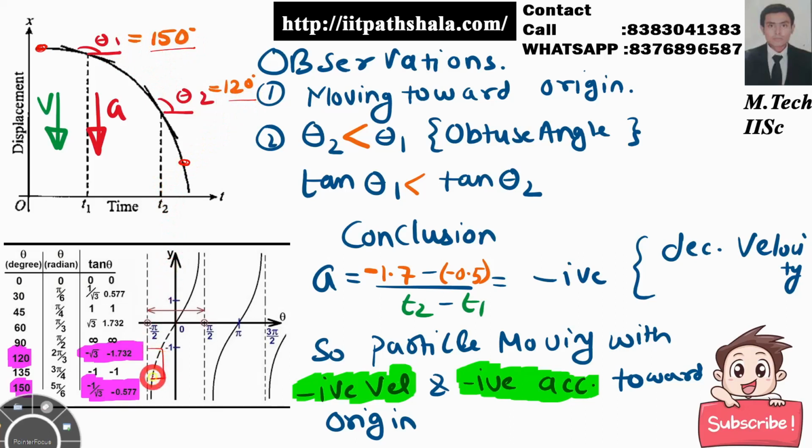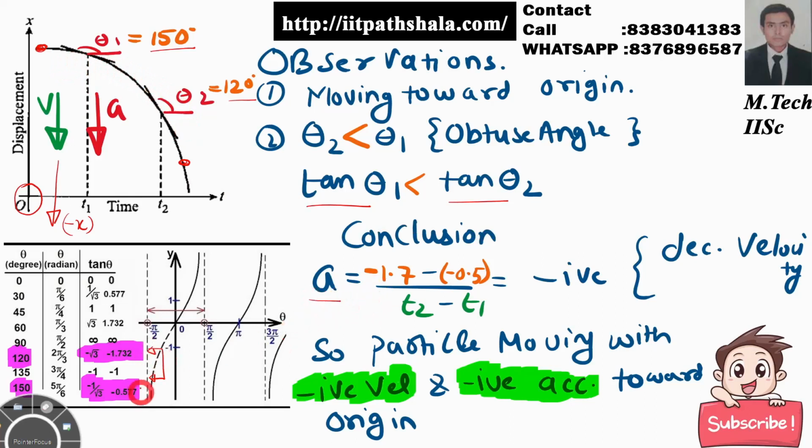From the table over here, I can say that the value of tan theta 2 is greater than that of tan theta 1. But let me remind you that the velocities are negative, so they are in the direction of origin itself. They are in the direction of negative x direction. Fine with that. Now the concluding part is that because these velocities are varying, you have to find the acceleration again.